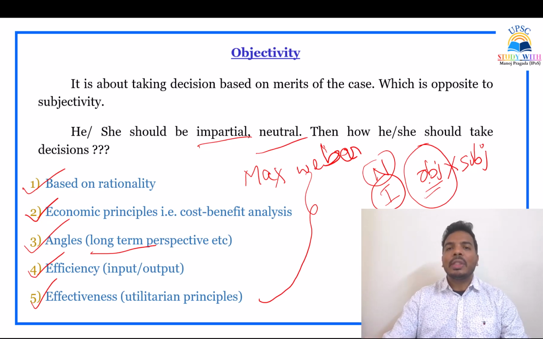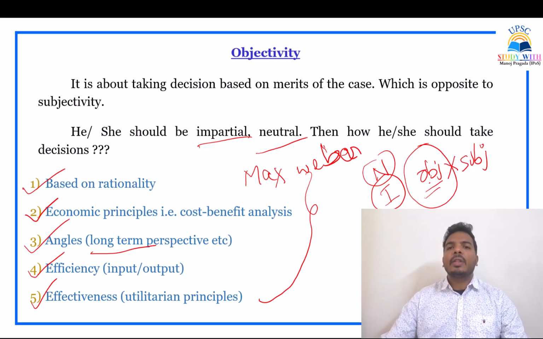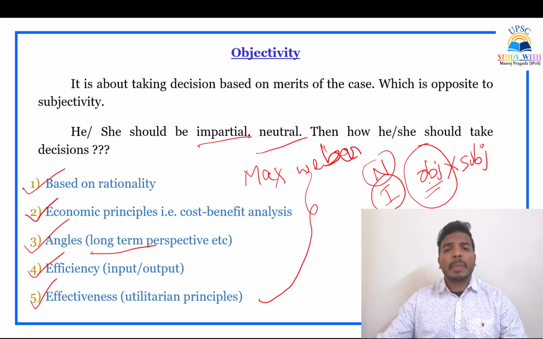But sometimes we ignore. For a society like India, where there is a lot of poverty, where there is a lot of backwardness, where there is a significant tribal population, a significant backward area population, then we sometimes take decisions based on the effectiveness parameter, maybe based on utilitarian principles.